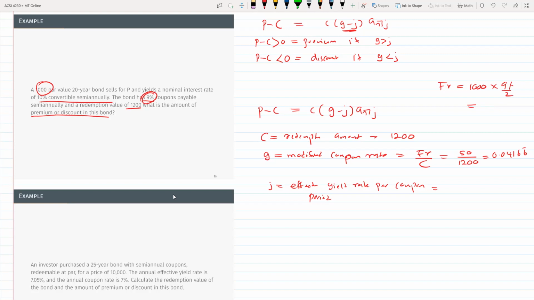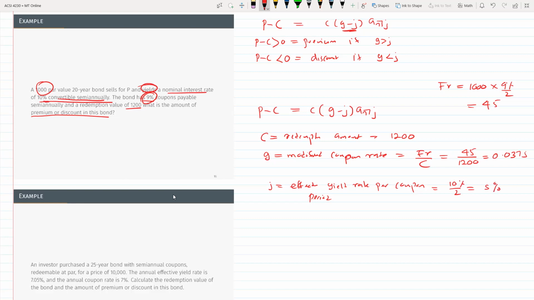So let's redo it. The coupon amount is 1000 times 9% divided by 2, which is 45. And I had to calculate the modified coupon rate again. So 45 divided by 1200 is 0.0375. Okay. So now the effective yield rate per coupon period. The nominal yield rate is 10%, but it's nominal. So effective per 6 months is 10% divided by 2, that is 5%.